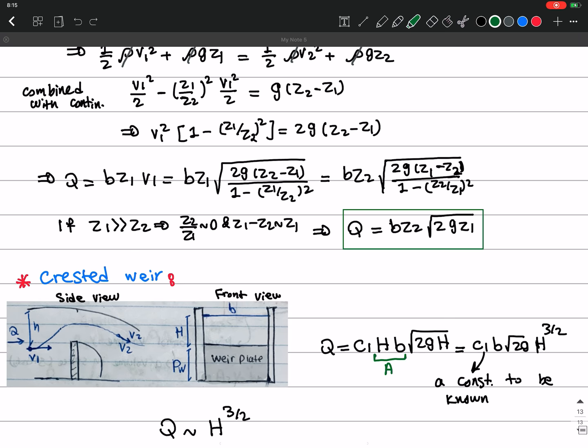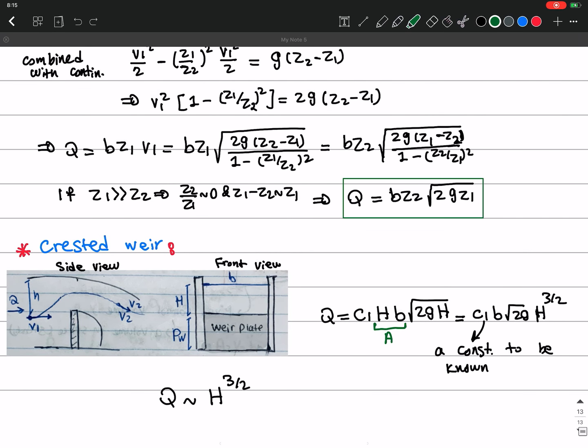And finally, for the crested weir, we said that we can use a similar approach, and this is an empirical formula. We showed that Q varies as h to the power 3/2 for these crested weirs.